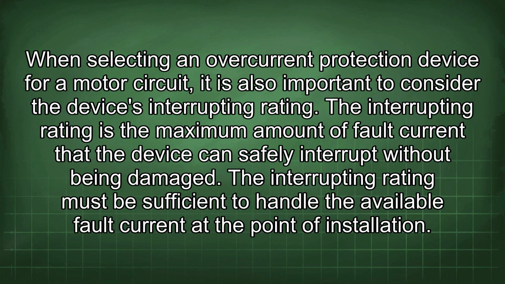When selecting an overcurrent protection device for a motor circuit, it is also important to consider the device's interrupting rating. The interrupting rating is the maximum amount of fault current that the device can safely interrupt without being damaged. It must be sufficient to handle the available fault current at the point of installation.